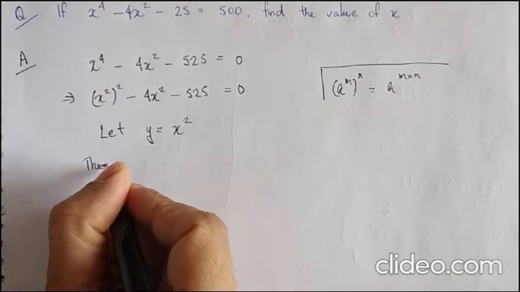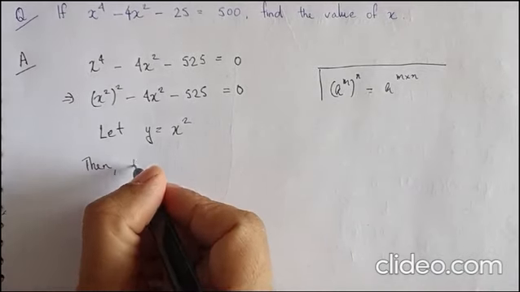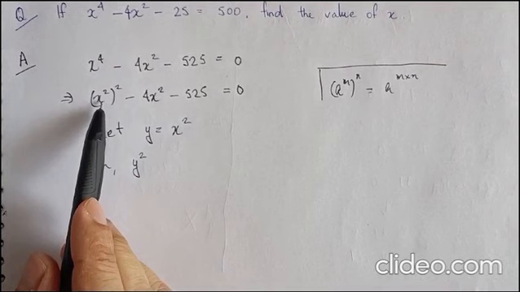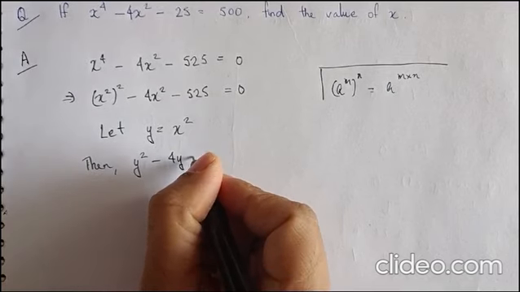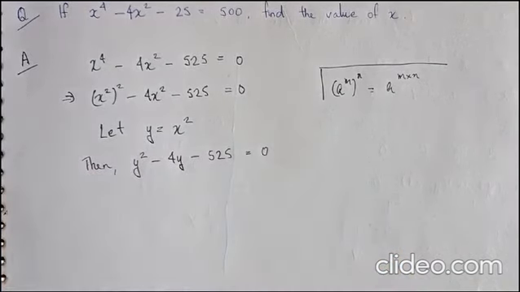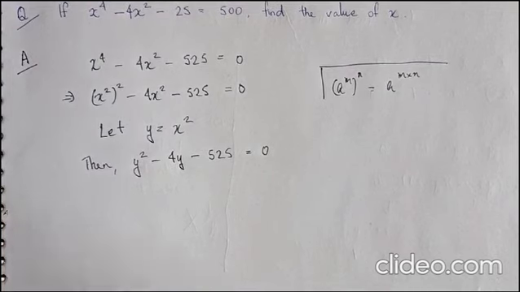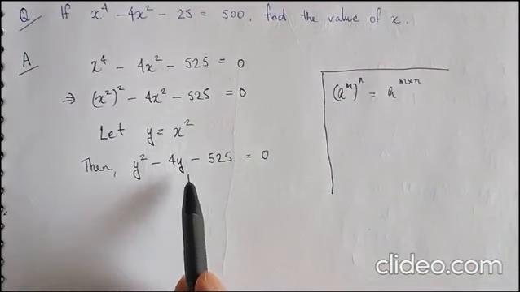Then replacing x squared with y, we get y squared. So x squared whole square is y squared minus 4y minus 525 is equal to 0. Okay, so now we go back to our quadratic equation.